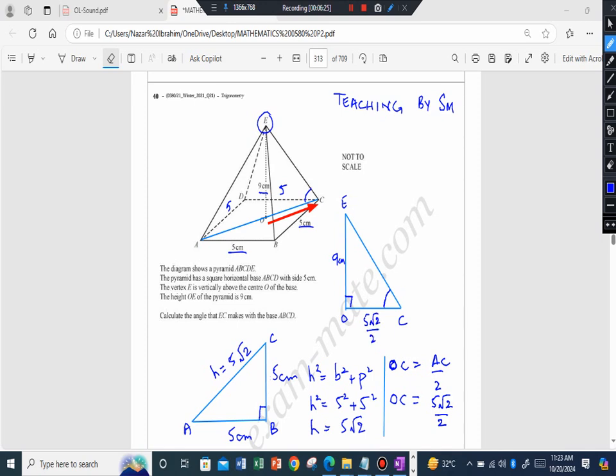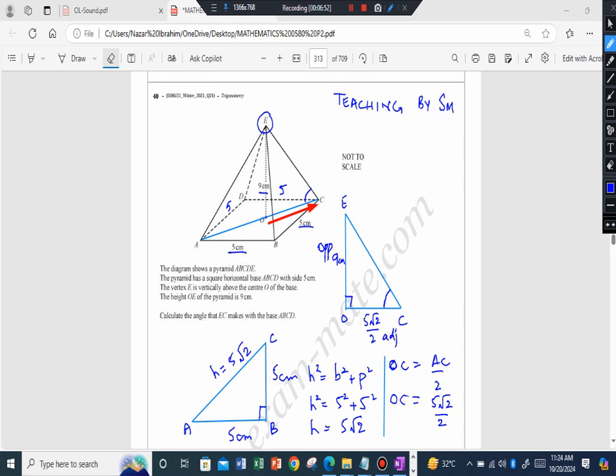Okay. Now going further, I want to calculate the angle, right? So angle C. Recalling the trigonometric ratios, TOA, we can see that we have the opposite side and we have the adjacent side.